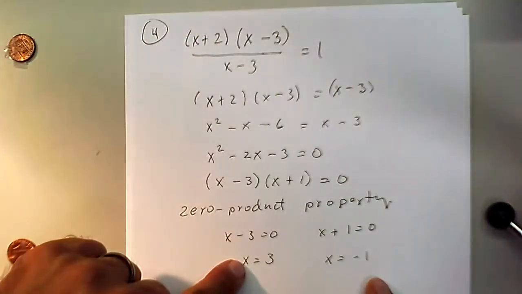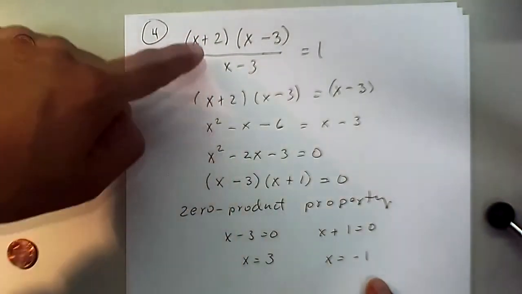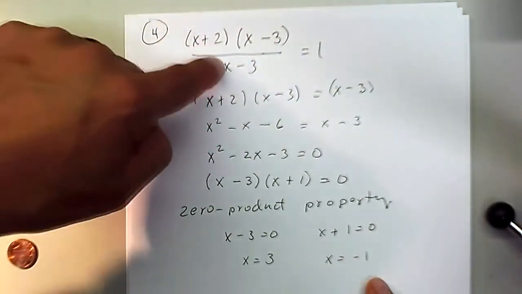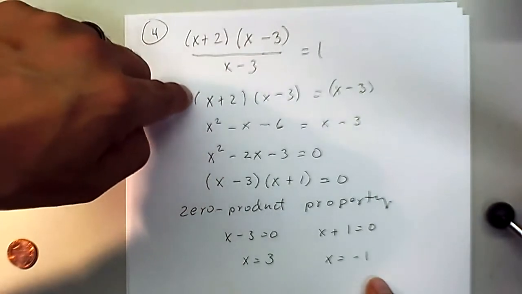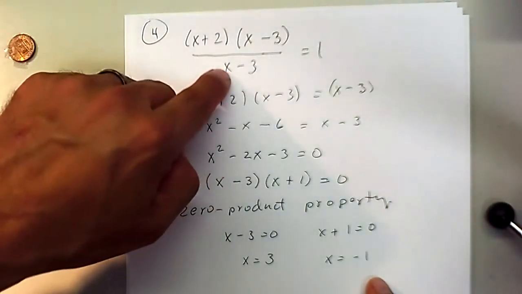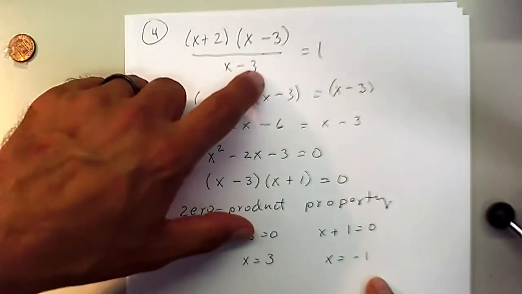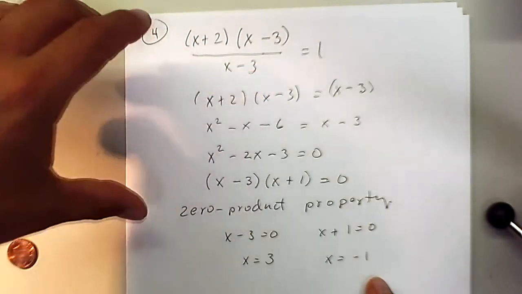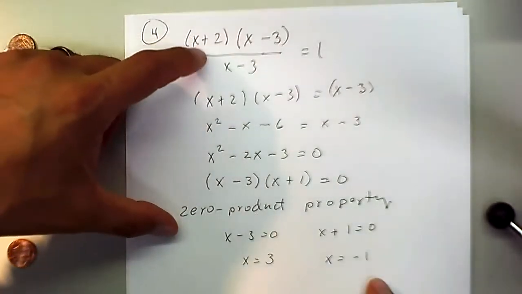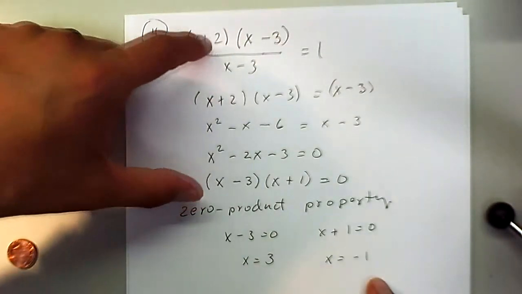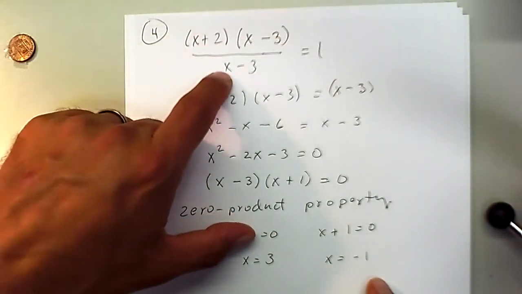So that means that this came out of the process of multiplying both sides of this equation by x minus 3. Every time you multiply by the variable, now you may say, well, we didn't multiply by x, we multiplied by x minus 3. For purposes of adding more possible solutions, wrong solutions, it is the same thing. If x is a variable, so is x minus 3.